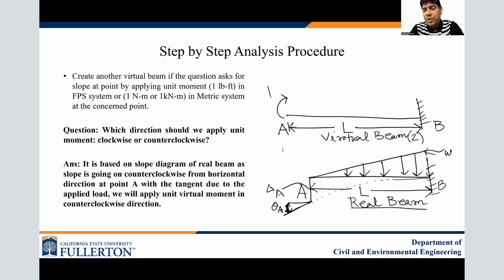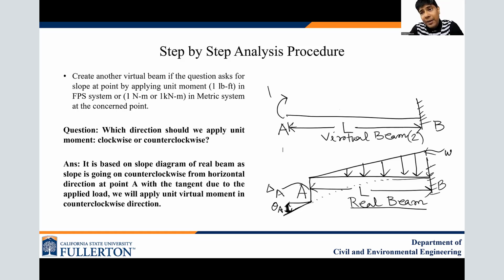The question comes, which direction should we apply? Again, you could apply clockwise or counterclockwise. As the deflection goes on from the tangent, as you see, the slope theta is going in the counterclockwise direction. So you could apply your moment in the counterclockwise direction.